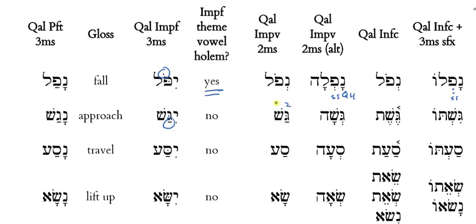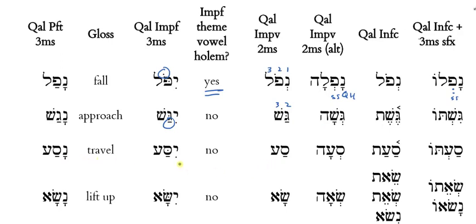I only see roots 2 and 3. With the strong pattern in the imperative, root 1 stays. You see the nun. Okay? So, I don't do nagash. I say just gash, approach. And that's the 2ms form. The alternate form, gashah. Add the qamets he. We get reduction of the open pretonic syllable, which is what verbs do. Gashah. Okay?